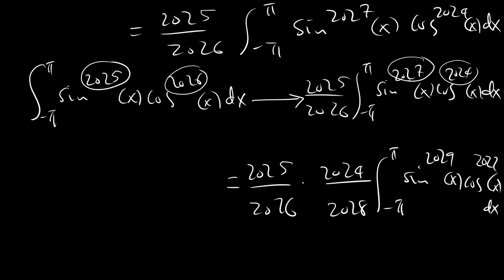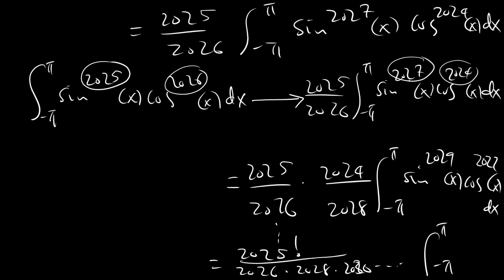And so this can go on all the way until we have 2025 factorial, and then we have 2026, 2028, 2030, all the way until we come to a point where we have sine to the power 2025 plus twice 2025 of x dx.